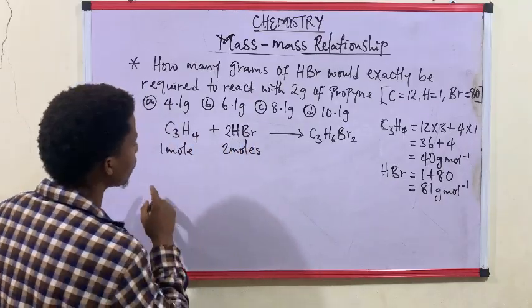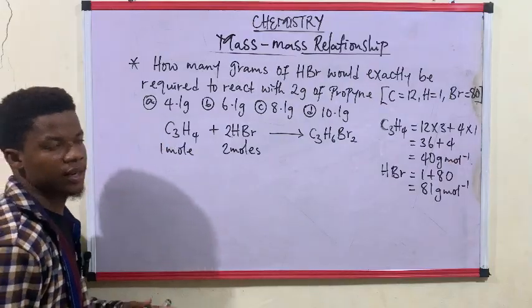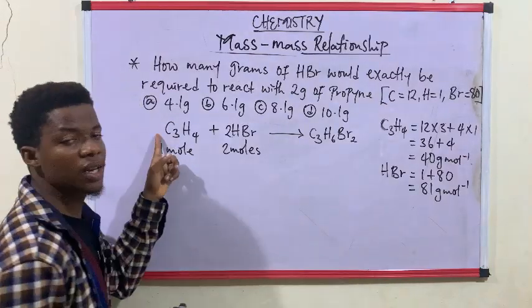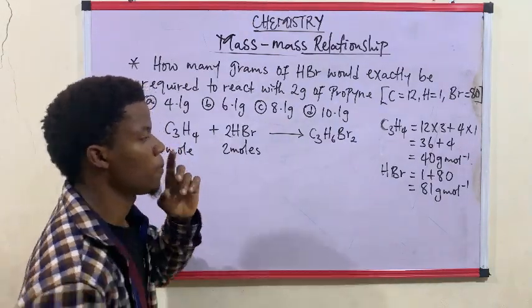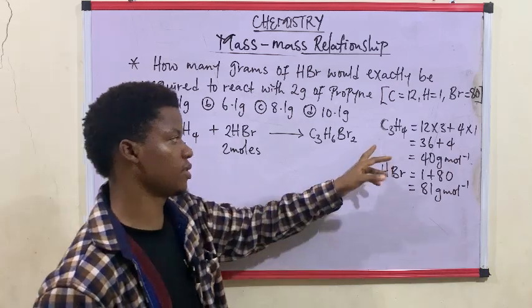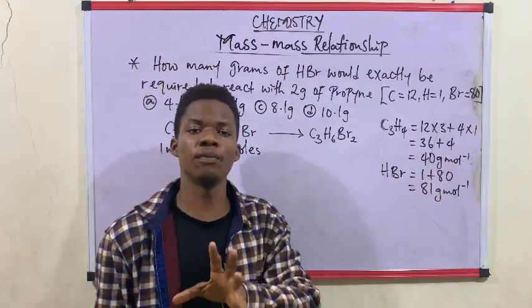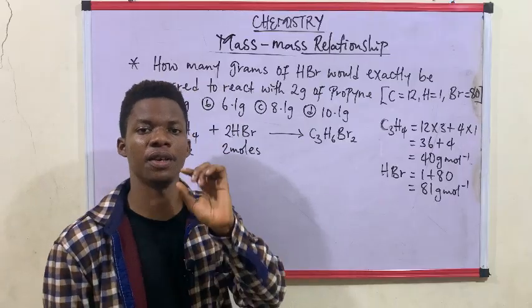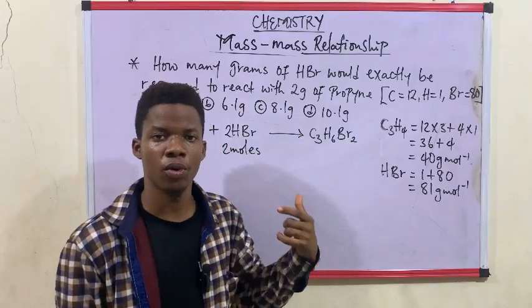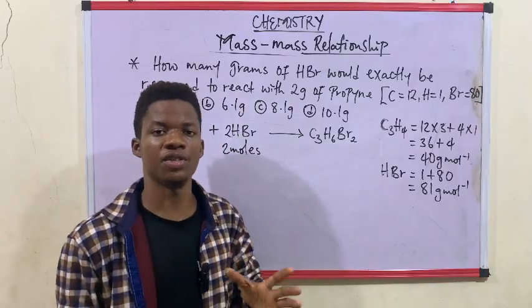So 1 mole of propane. Now, because it is 1 mole, what is the molar mass of propane? 40.